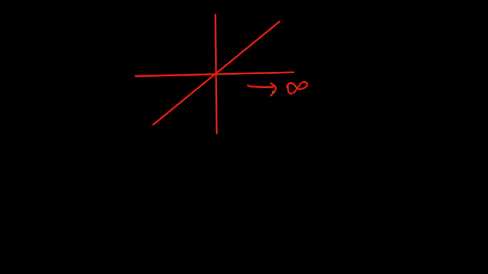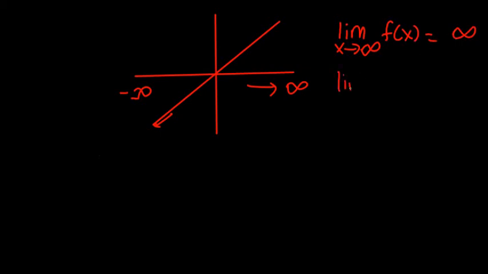So if we have this function, as we go closer and closer to positive infinity, the limit as x approaches infinity of f of x is equal to positive infinity. And if it was the limit as x approaches negative infinity of f of x, it would be equal to negative infinity. So that's straightforward.